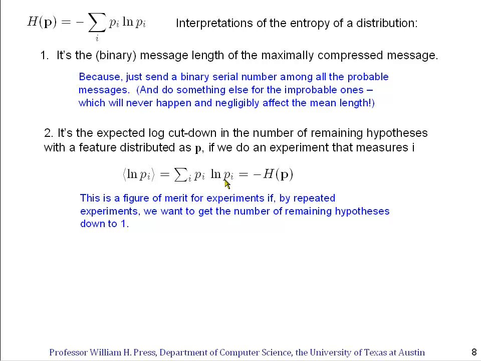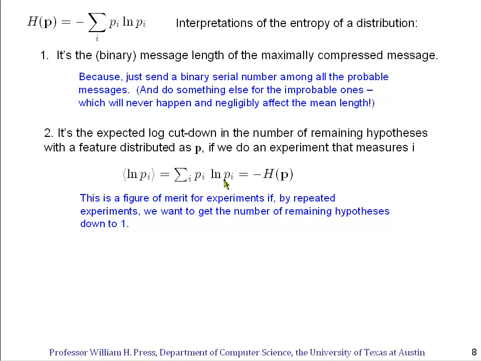Let's see how that works. Suppose that you come out and you measure a feature that only occurs 10% of the time. Well, then 9/10 of the hypotheses will disappear, or another way of saying that is you'll have reduced the log of the number of hypotheses by the log of 10.